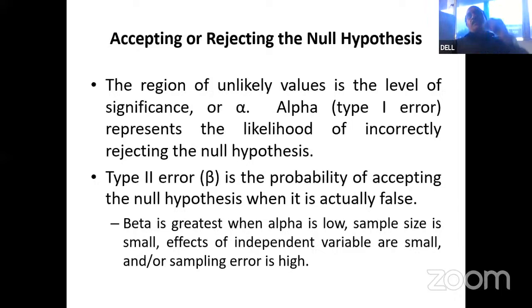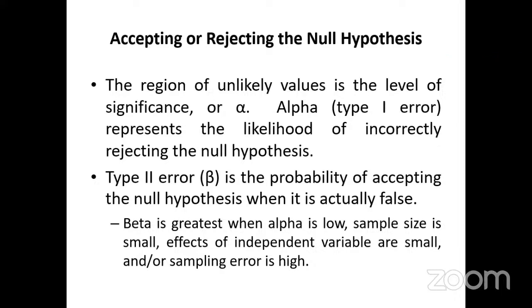Type 1 error means rejecting the null hypothesis. Null hypothesis means there is no significant difference. That statement you are rejecting. Though there is no difference, you are rejecting that. It means you feel some difference is there. In that particular sense, that is called the type 1 error.